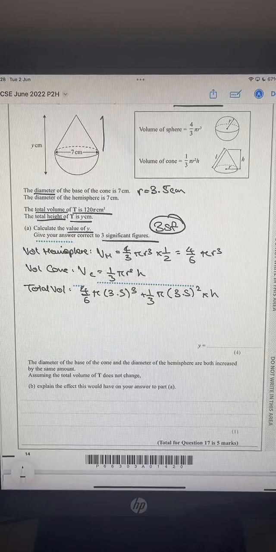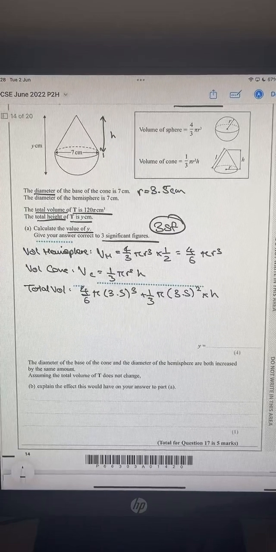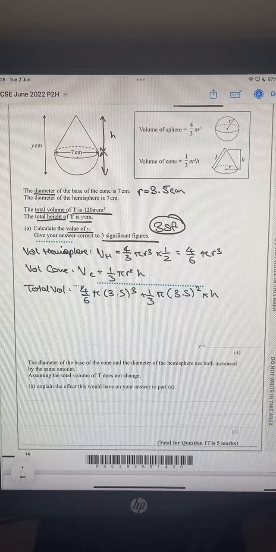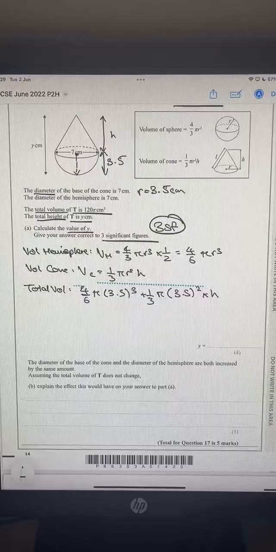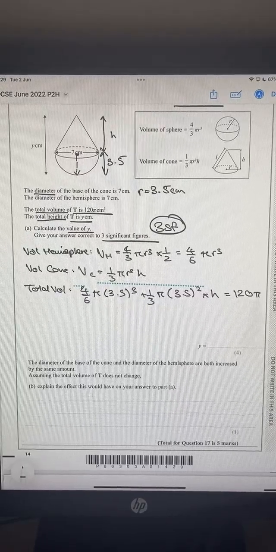Nope. I know that this is my h. Do I know what this is? Well, I do, because this is my radius, 3.5, because I'm going from the center of my circle to the edge. It's kind of like that part just dangling at the bottom there. So I know that that height is 3.5. So I'm set there.